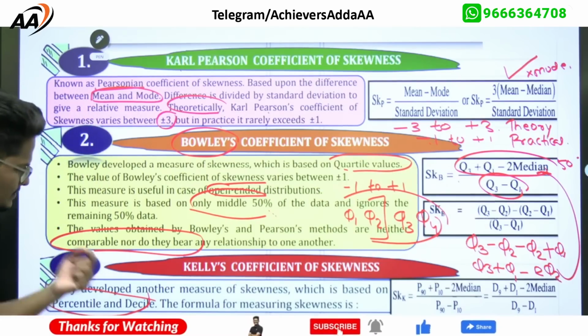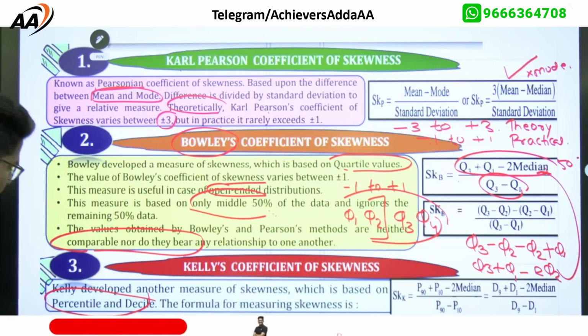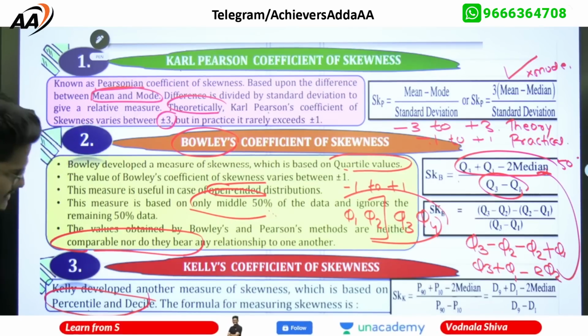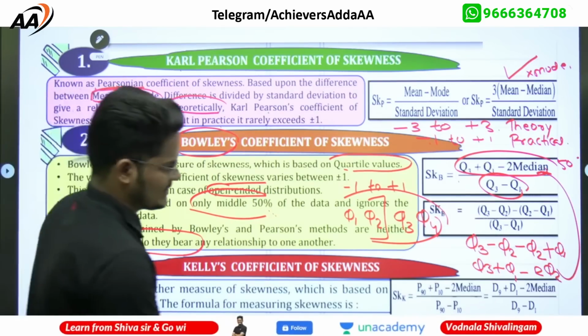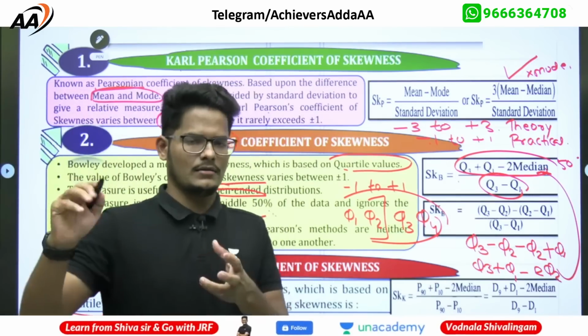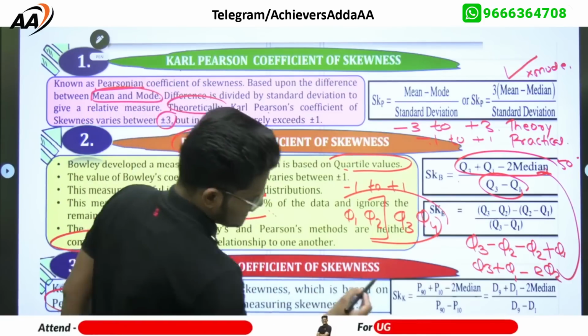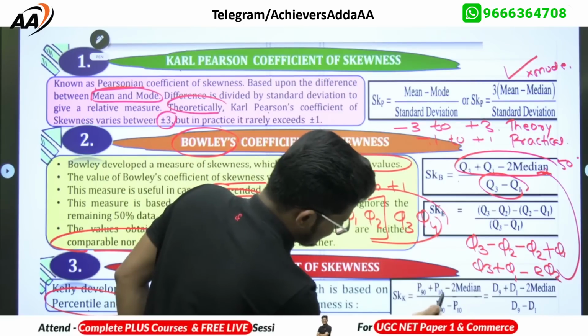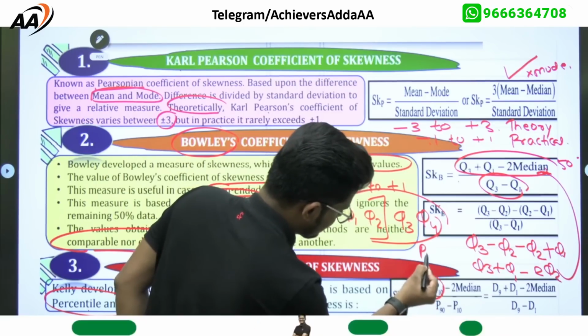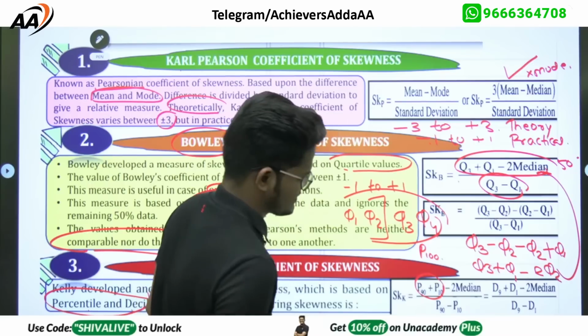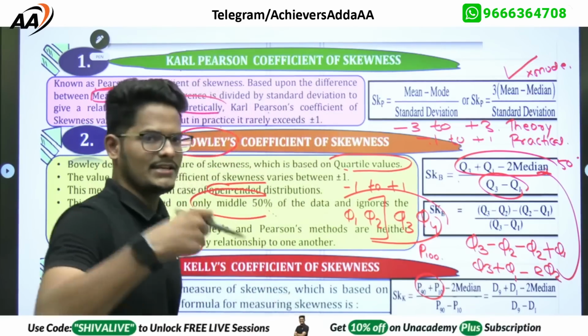Next, Kelly developed another measure of skewness which is based on percentiles and deciles. Percentile means P, 100, hundreds. Decile means tens. So P90 plus P10 minus 2 median, divided by P90 minus P10. Percentile means 100 equal parts, and decile means 10 equal parts.